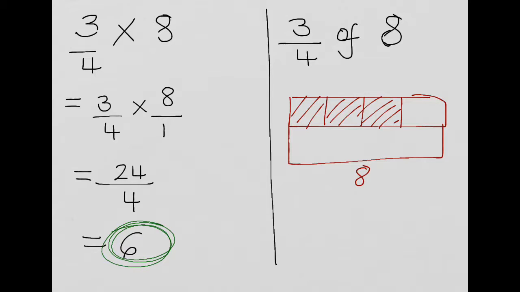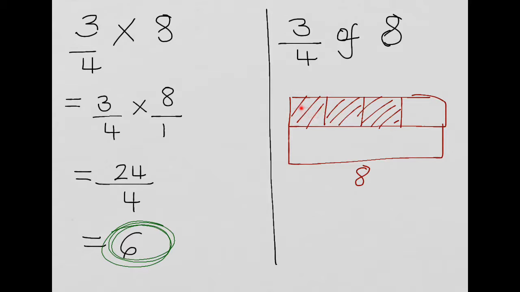Now remember, when you're using this here, it is important to find out what one piece is worth before we worry about finding 3/4. That's where so many students go wrong. Find out what 1/4 is worth, then find out what 3/4 is. Don't work that out to start with, you work out what one piece is worth.